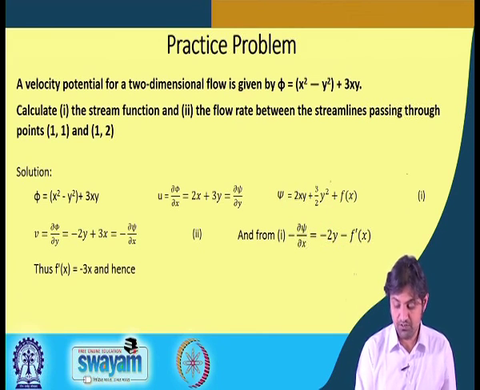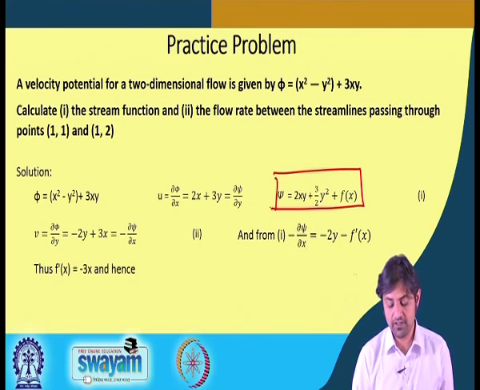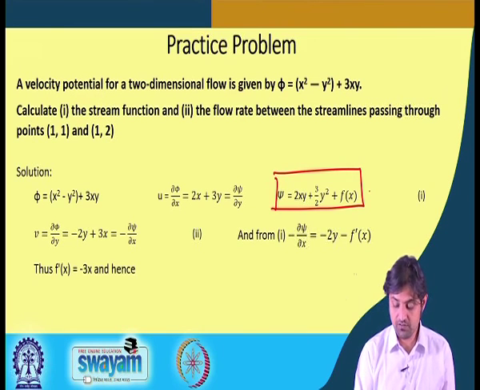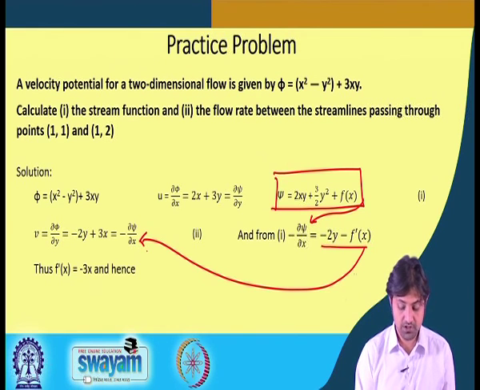From the first equation we have calculated psi, which was a function of x. Using this equation we have calculated del psi by del x. We got minus 2y minus f dash x, and we have substituted this into this equation.